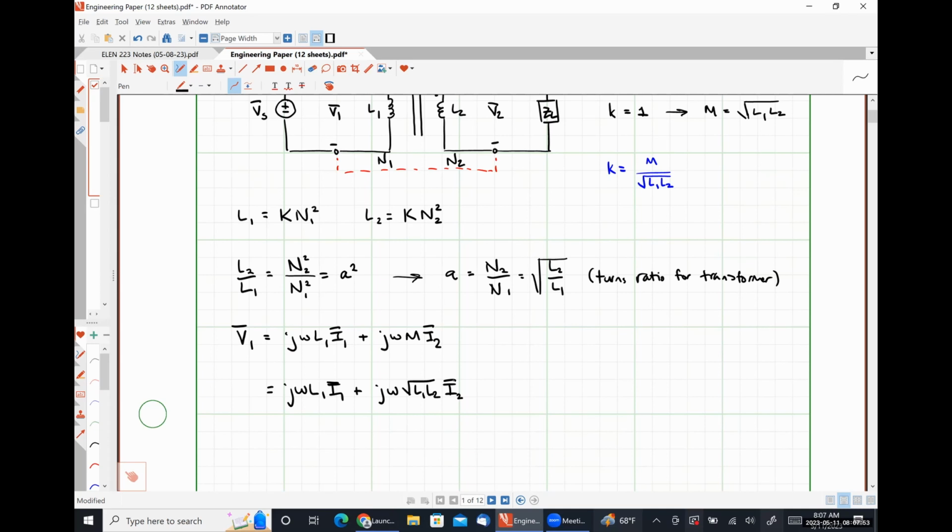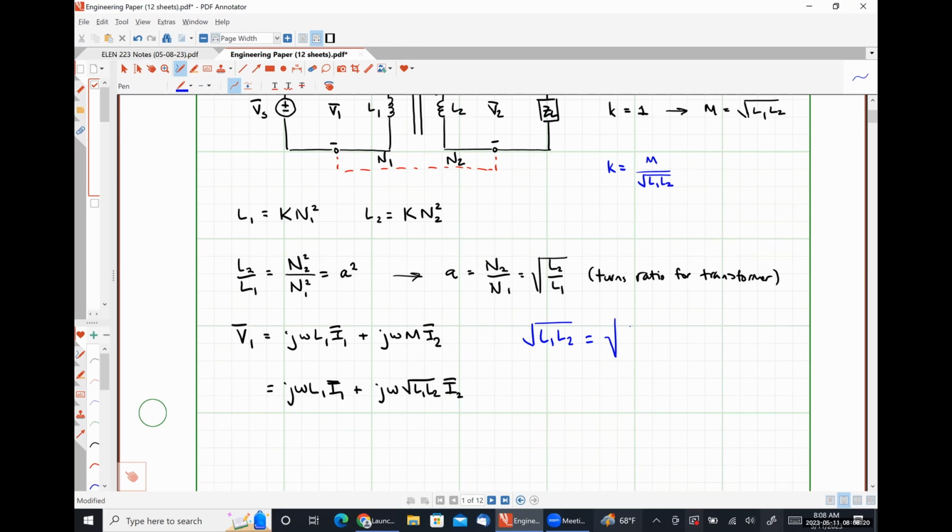And now I'm going to play around with a little bit of algebra here. Let me do this in a different color so you can see what's happening. If I have the square root of L1 times L2, this is the exact same thing as the square root of L2 divided by L1 times L1 squared.